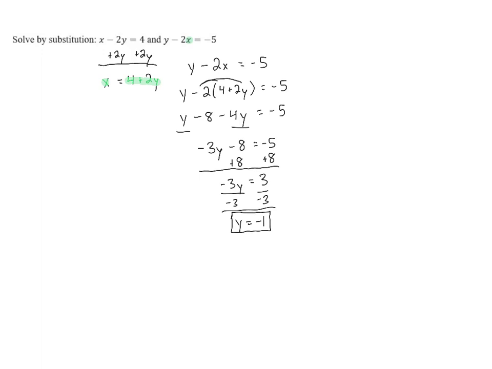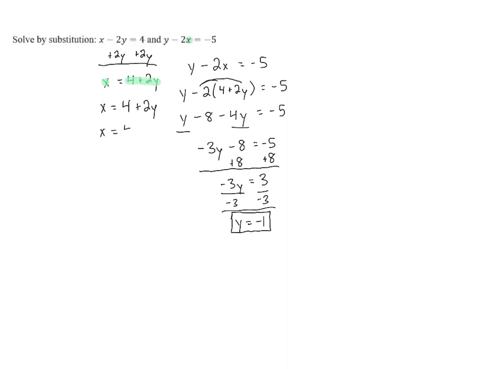So we know the value for y, but we're not yet finished because we also have to find the value for x. But to figure out what x is, we can just plug in the value for y that we just got. We have this equation up here, x equals 4 plus 2y. Since we know that y is negative 1, we can plug it in and figure out the value of x.